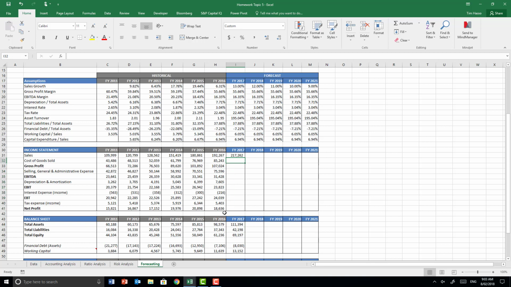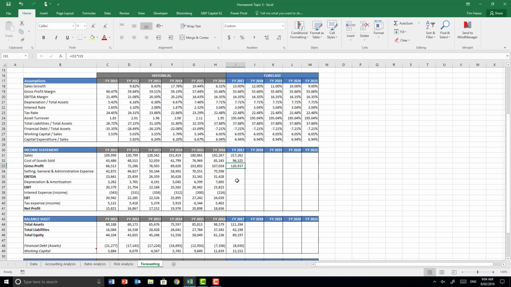So for cost of goods sold, we don't actually have an ability to forecast this specifically. Instead, we forecast the gross profit by taking the sales for 2017 and multiplying it by the gross profit margin that we've assumed, which means that the cost of goods sold is going to be equal to the difference between sales and our gross profit.